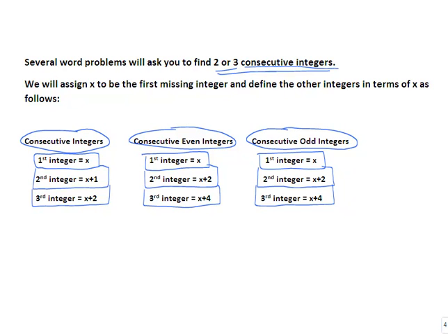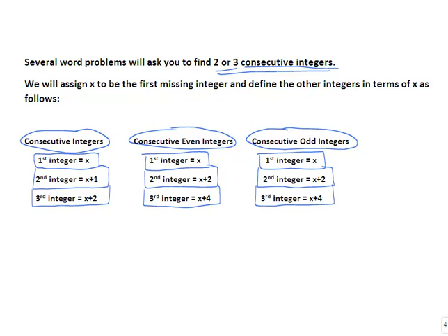What's sometimes confusing for students is when they think of consecutive odd integers, they think you should be adding 1 and then 3 and then 5, but actually we're adding 2 and 4 and 6 and so on. You're still adding 2 even though it's an odd number. The difference between consecutive even and consecutive odd problems is that the initial number will either be even and then stay even, or it'll start off odd and stay odd.